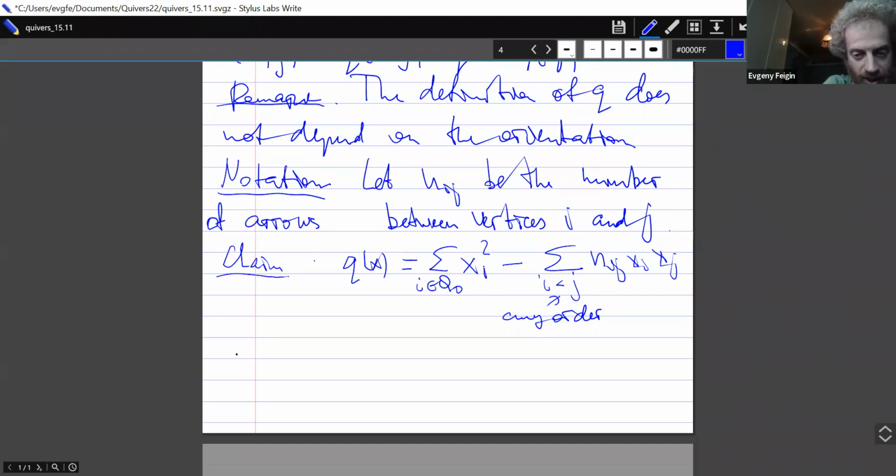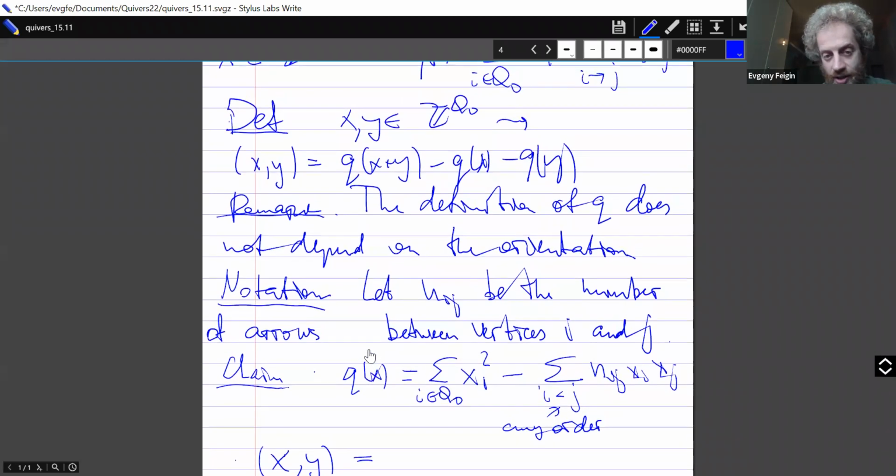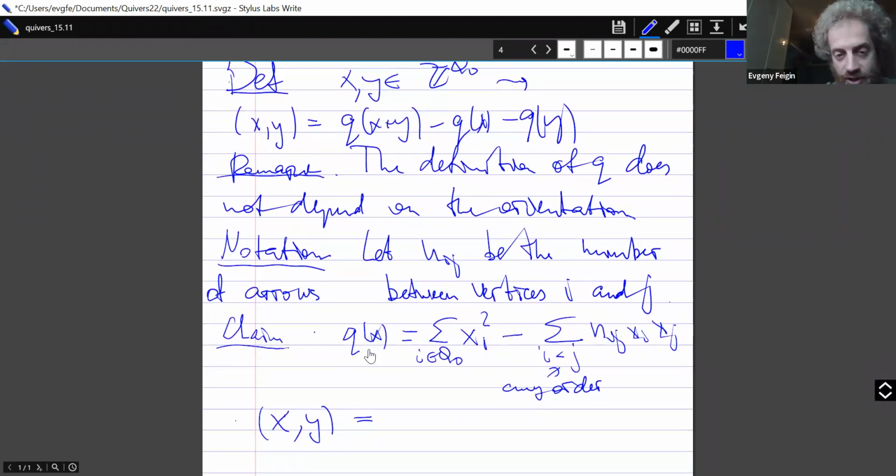Then the second computation is for the bilinear form (x,y). Maybe somebody can tell me what that is. How to write down the value of (x,y) in terms of n_ij. Just by definition, this is q of x plus y minus q of x minus q of y. So what is then the value of (x,y)?